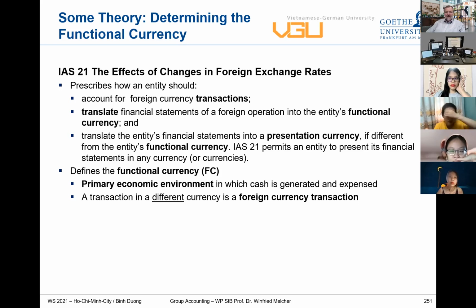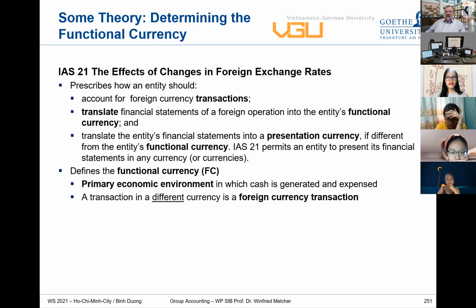But they are also using that currency, the euro, as their reporting currency. So for the German subsidiaries, no problem. They will set up their local financial statements in euro, and then they don't have to translate those amounts into the reporting currency, because that's the same currency, right?